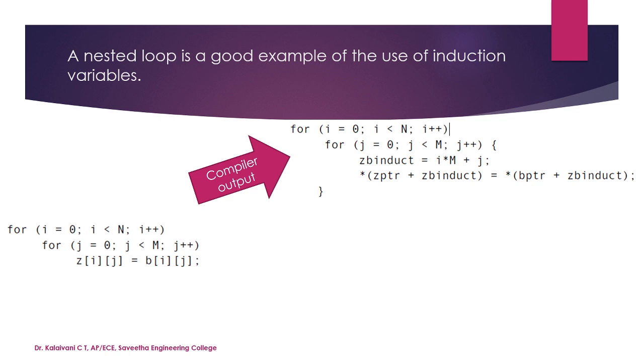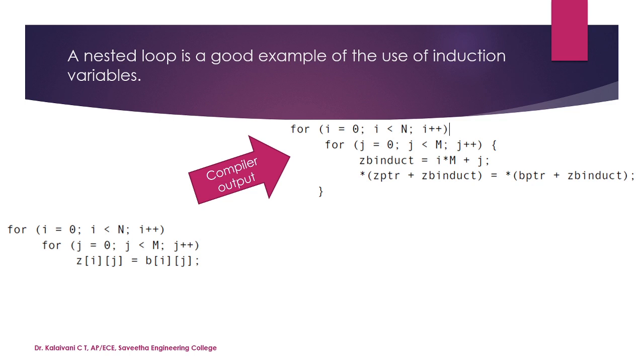What change we can do here is, here again we have a multiplication i into m plus j. This can be avoided by initializing the induction variable outside the loop and then incrementing the induction variable. Actually multiplication and increment are different. If you multiply, it will take 2 extra cycles, since it has to save in an address accumulator and retrieve and save in the memory register.